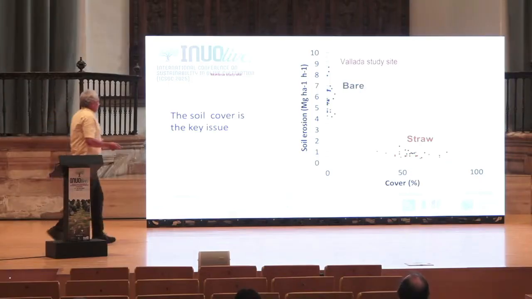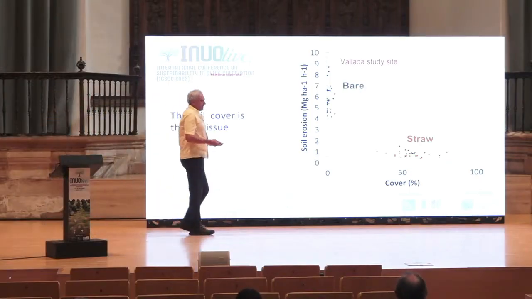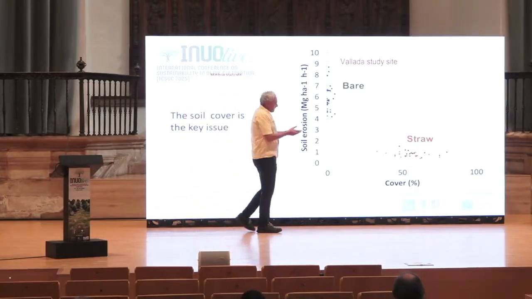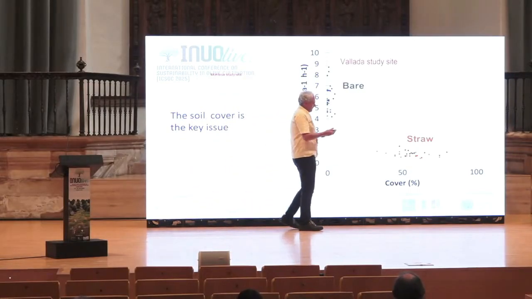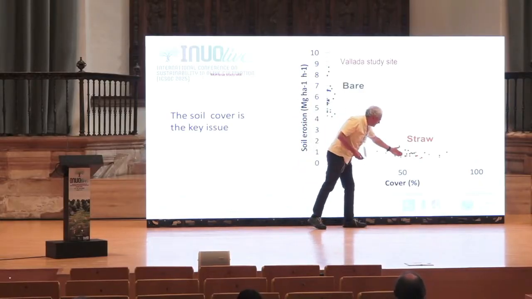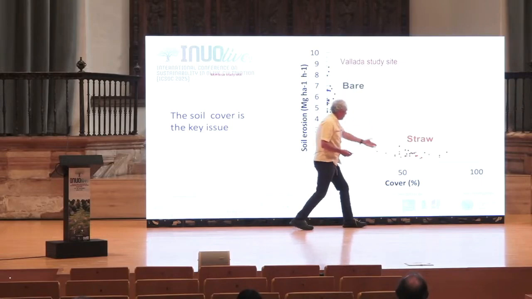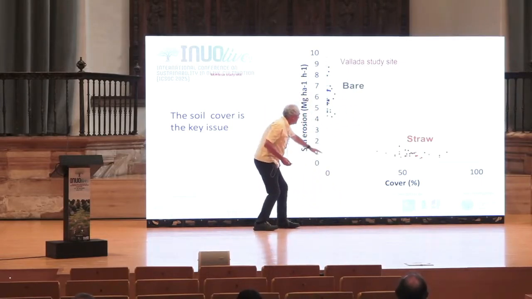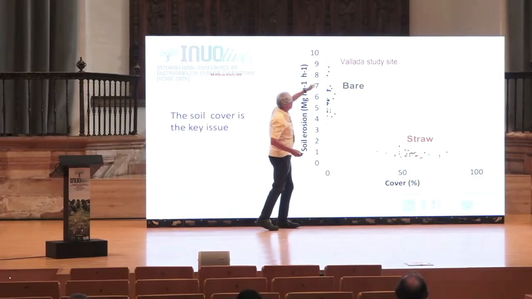What we found is that with straw or chipped branches, it really doesn't matter what you put there. If you put something organic that can decompose, increase the organic matter and activate the biological activity, then as soon as you have a cover, with straw or whatever, your erosion decreases. In this case it dropped from 4 to 8 down to around 1.